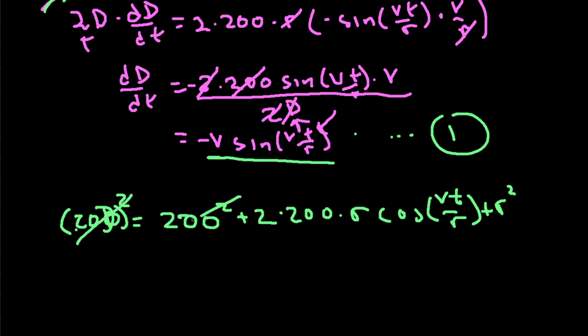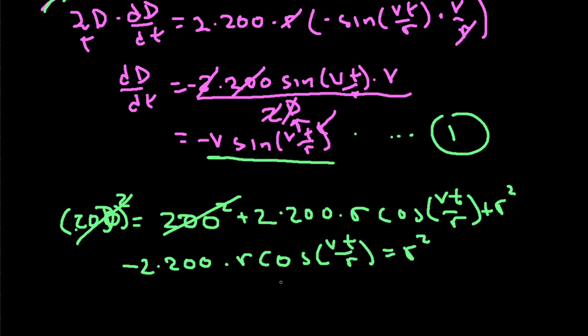This is going to cancel with this here. And I'm just going to go ahead and rewrite this here as negative 2 times 200 times r cosine vt over r is equal to r squared. Cancel an r, why not?